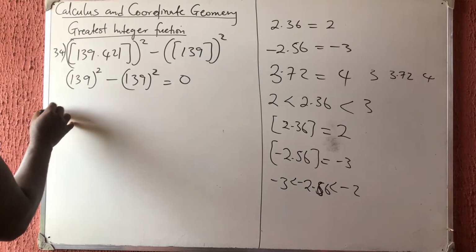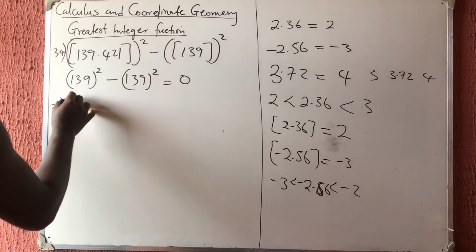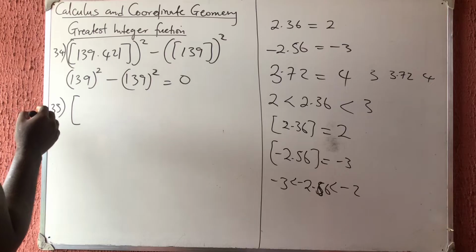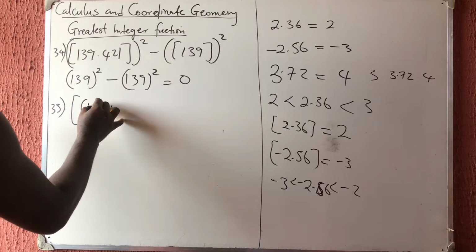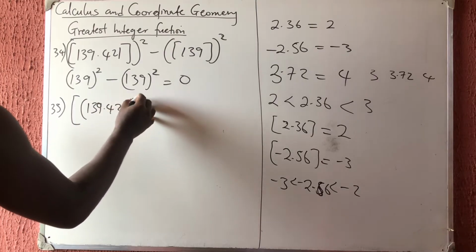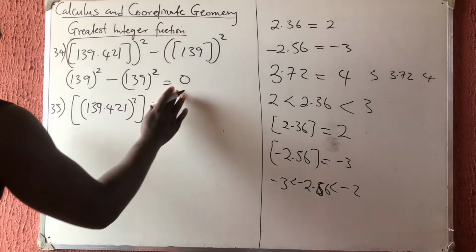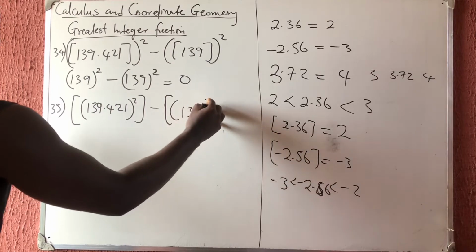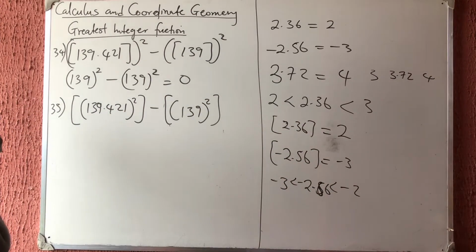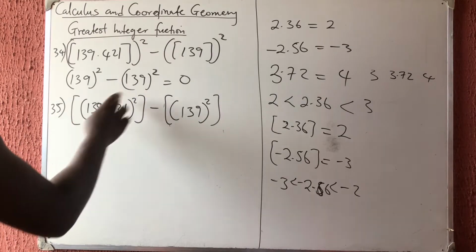Okay, so question number 35 said the same thing again, the greatest integer function of 139.421, all squared inside, minus the greatest integer function of 139, all squared, but they changed the sign like this. So now what do we do in this case? Like I told you before, we have to get the square first before we can get the greatest integer function.